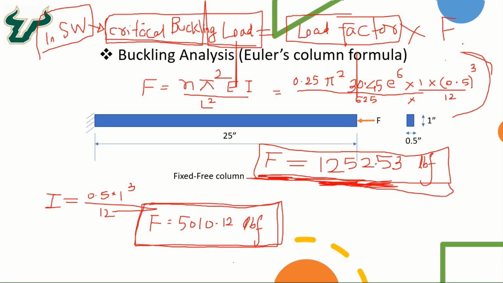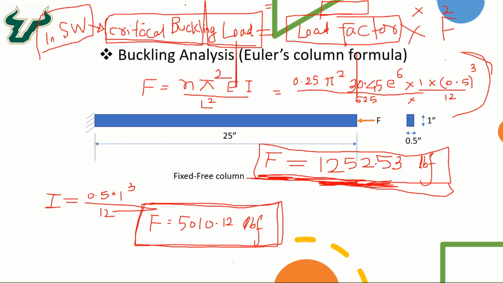Okay, so if we use, let's say, instead of F equal to 1 pound, F equal to 2 pounds, then the load factor that you will observe will be divided by 2.